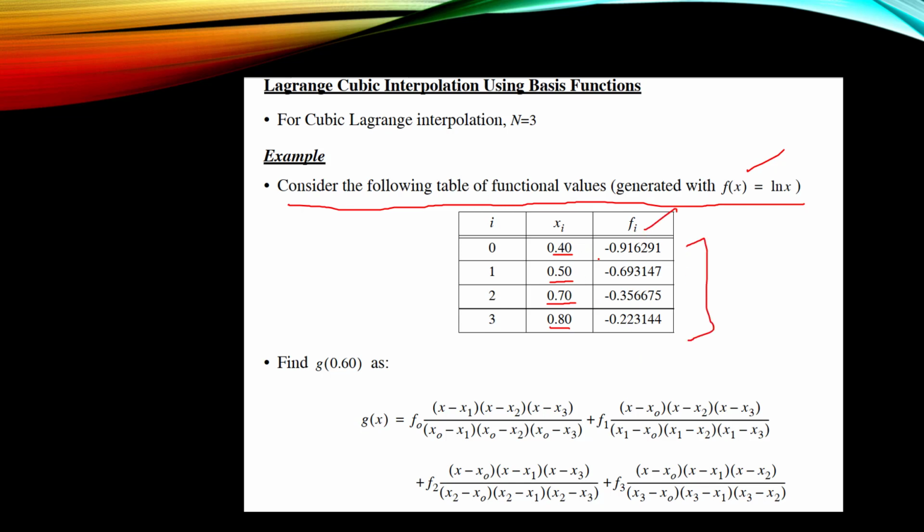When you look through these values, 0.6 is missing here. So by this interpolation, we are supposed to find the value at 0.6. So find g of 0.60.